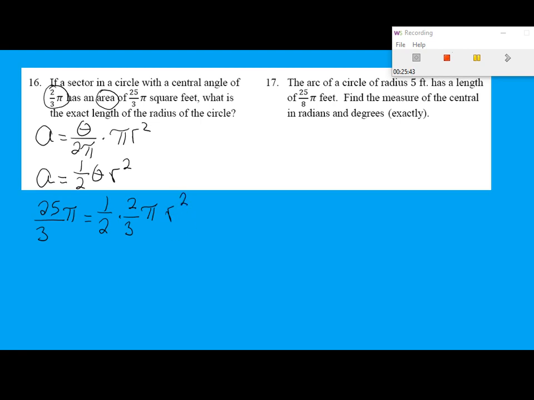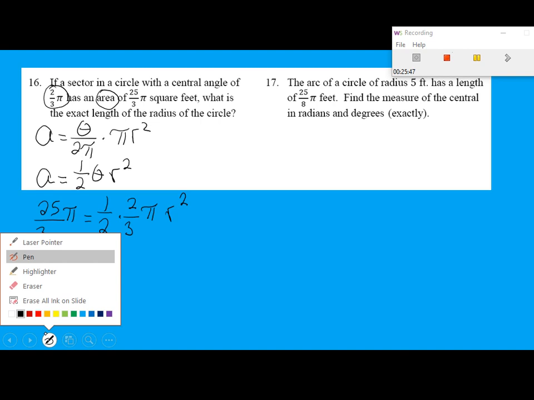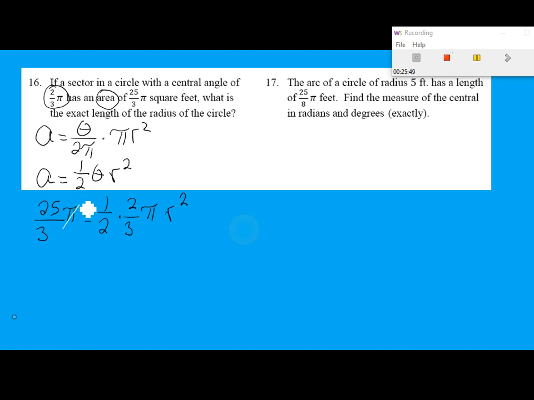Now, it looks really confusing at this moment, but let's simplify some things. Let's divide both sides by pi and get rid of those. So now I've got 25/3 equal, I'm going to take 1/2 times 2/3. These 2's are going to cancel out. So I've got 1/3 r squared.